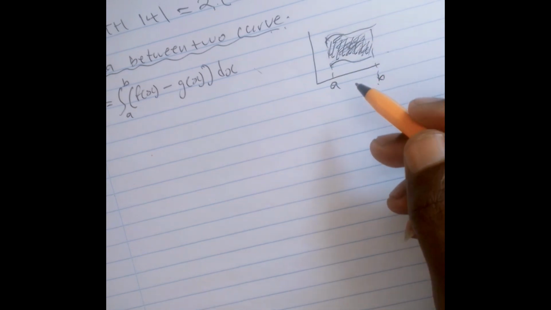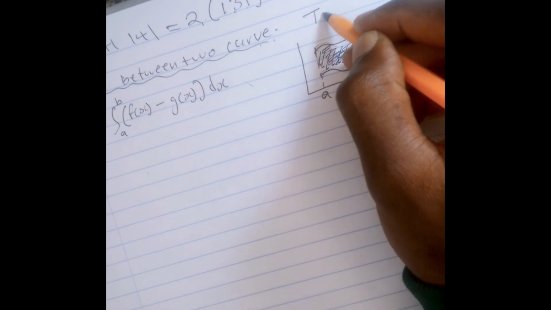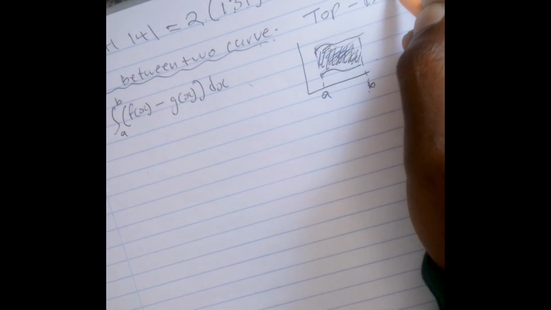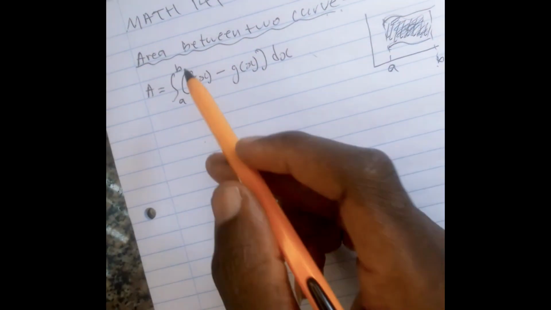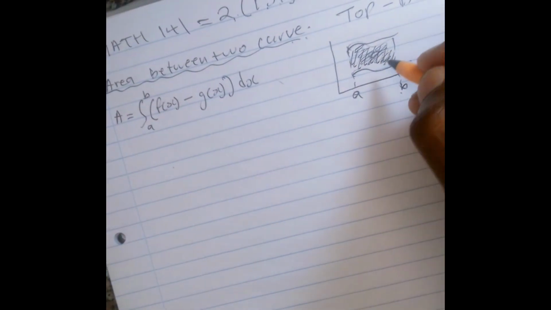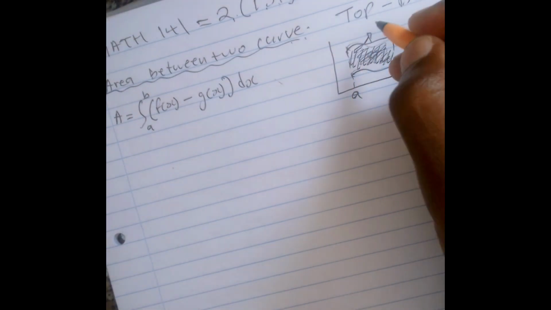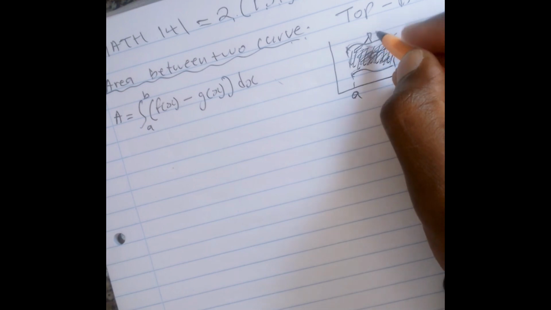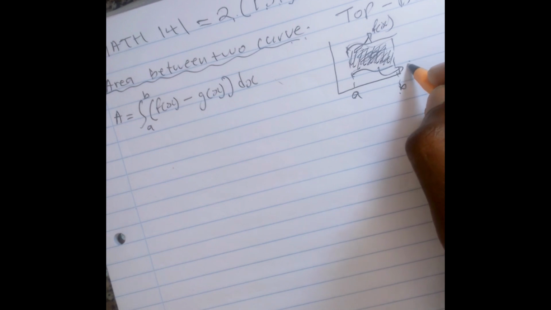The only thing that you have to remember is that the area is going to be equal to the top minus the bottom. That's what you have to understand. In this case, the top curve is going to be your f of x, and the bottom curve is going to be your g of x.